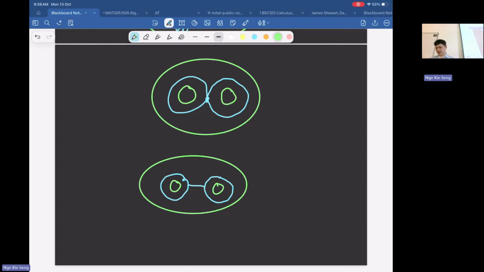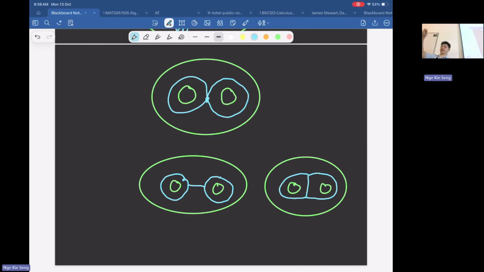Another one is, I don't know what to call it. Can you give it a name? Spider-Man. So you extend that intersection the other way. If you separate these deformation retracts out, they are not subspaces of each other.